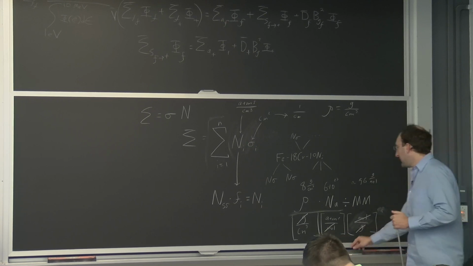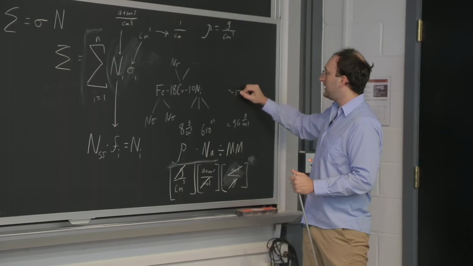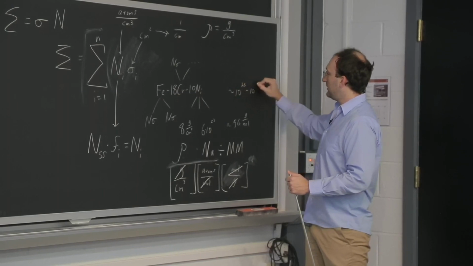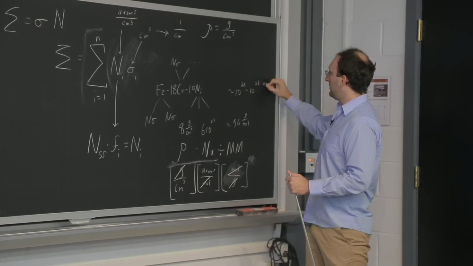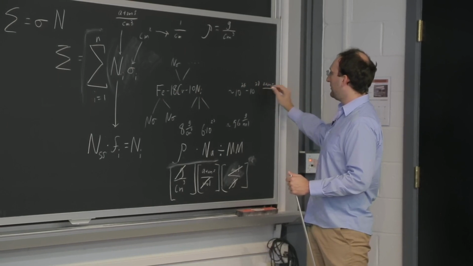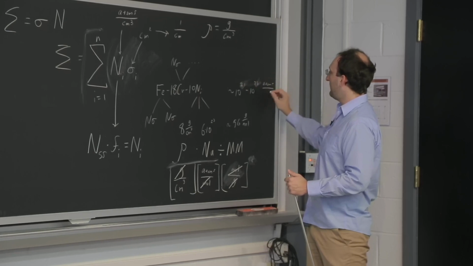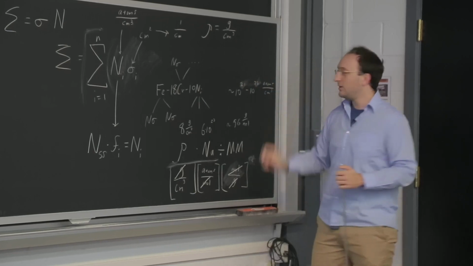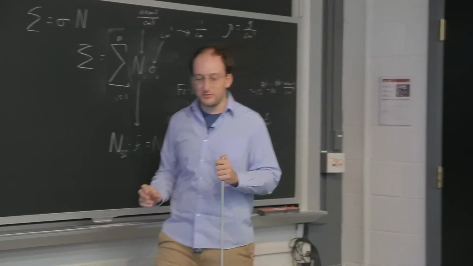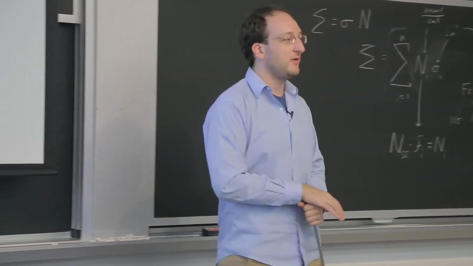And typical solid number densities tend to range from like 10 to the 26th to 10 to the 28th atoms per meter cubed. So it's going to be around like 10 to the 21st to 10 to the 23rd atoms per centimeter cubed. So if you end up with something way outside those bounds, you've probably got some sort of unit or power error.